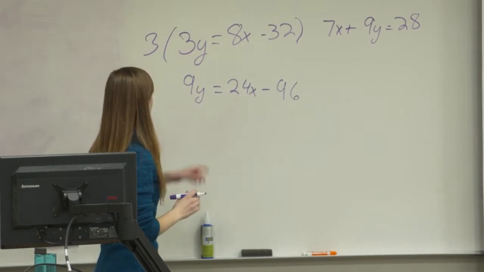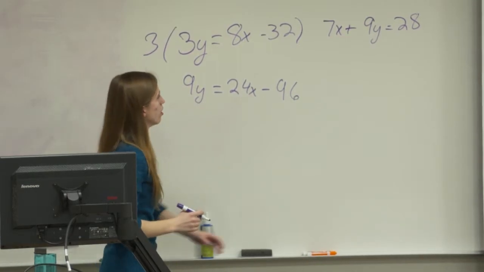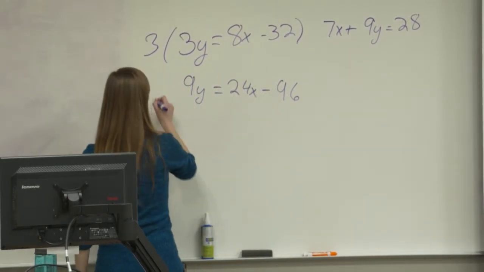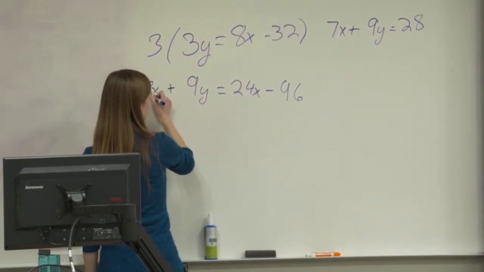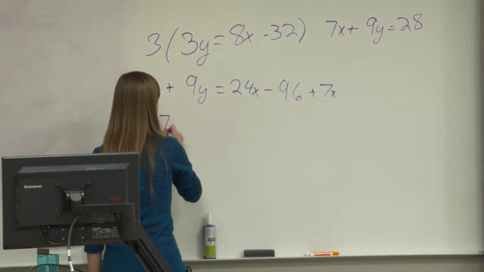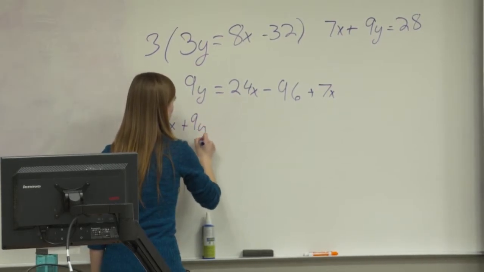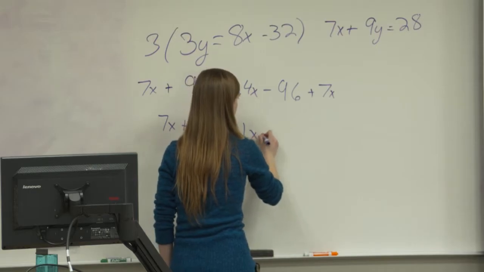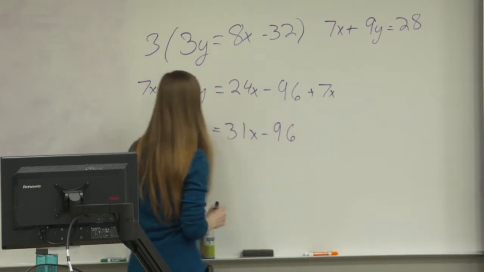So now we're talking about 9y. We need to add this 7x. So on this side, we get 7x plus 9y equals 31x minus 96.